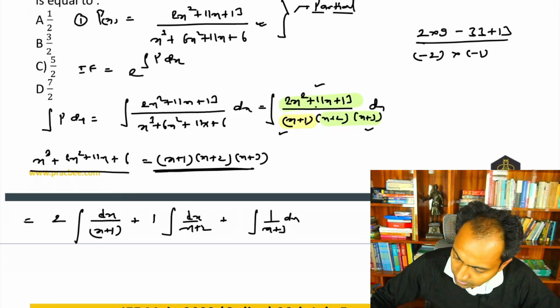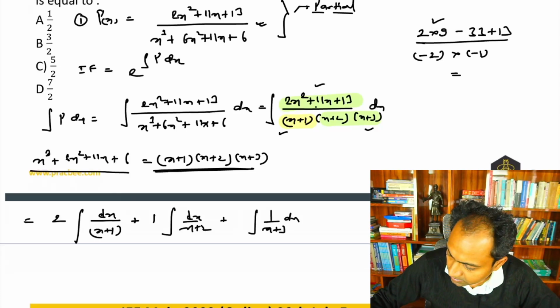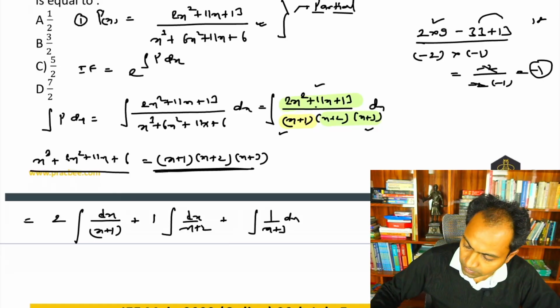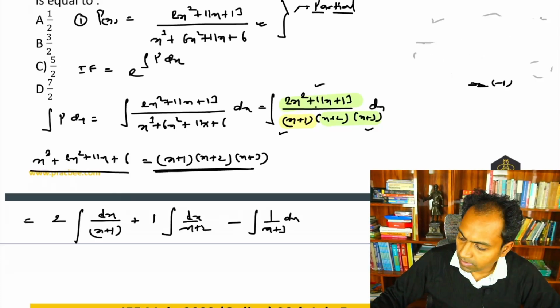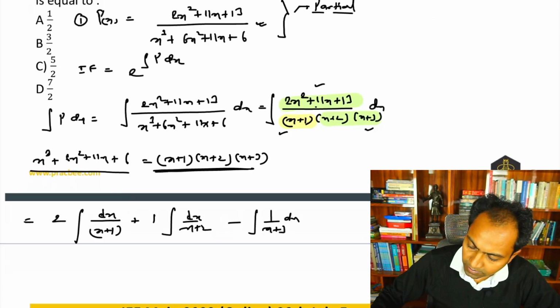If I simplify, this becomes 18 minus 33 plus 13, so this will become minus 2 divided by minus 2. So the answer becomes minus 1. All we need to do is put minus 1 here. You can see that the integration has become extremely simple. And now we will integrate and find the value of the integrating factor and hence the answer.